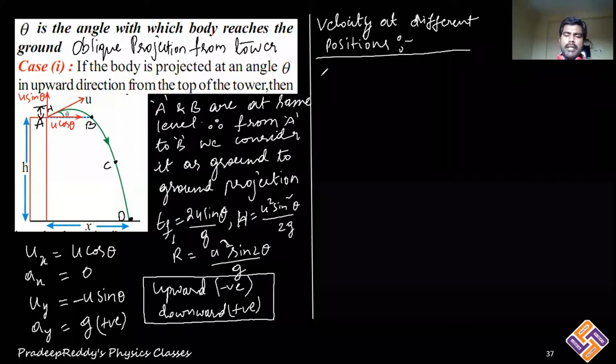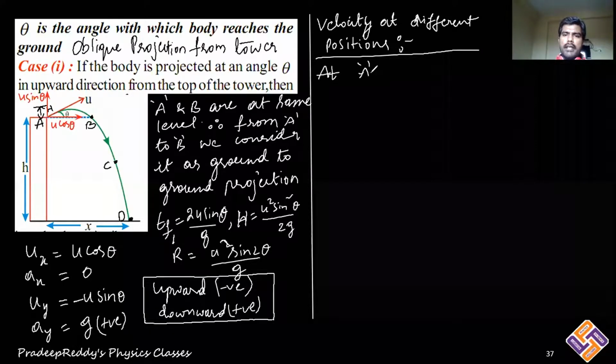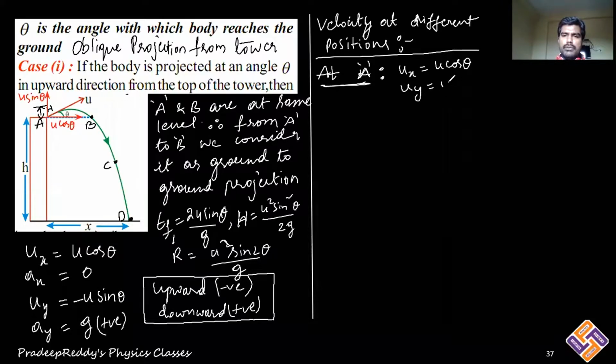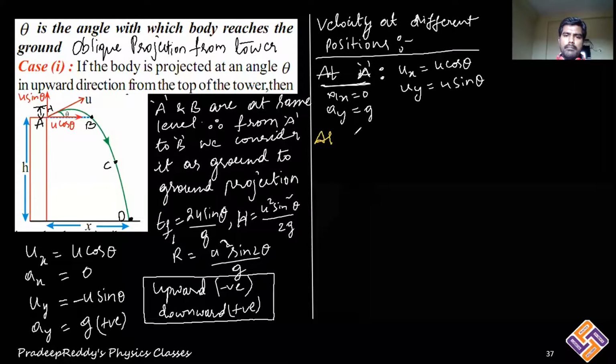First let me consider at A. At A, we have initial velocity along the x-axis as u cos theta, and velocity along the y direction as u sin theta. Because it is being projected with initial velocity u, I am resolving it into components. Acceleration along the x-axis is equal to 0. Acceleration along the y-axis is g. That is at point A. Next at point B.